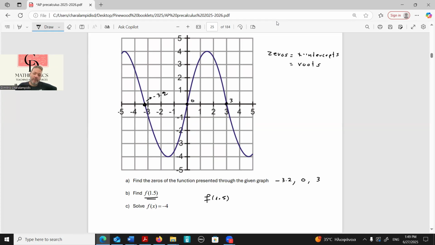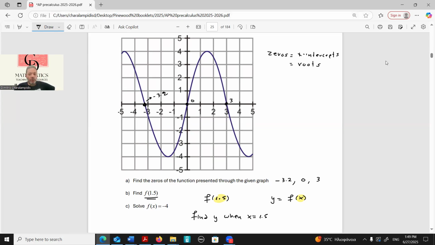Solve, find f of 1.5. F of 1.5, remember that it's y equals f of x. So now we were given the input value, the x. This practically says find y when x is 1.5.